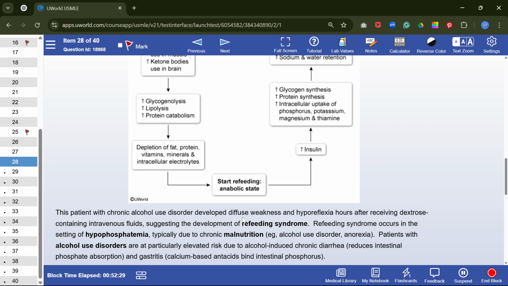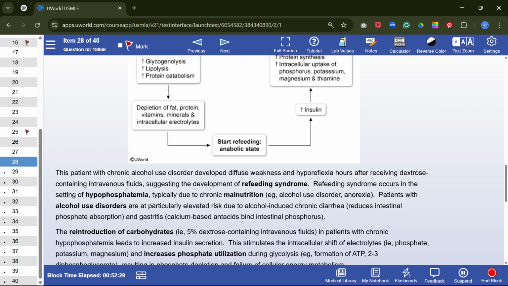Refeeding syndrome occurs in the setting of hypophosphatemia due to malnutrition, alcohol use, and anorexia. Patients with alcohol use disorder are at particularly elevated risk because of alcohol-induced chronic diarrhea, which reduces intestinal phosphate absorption, and gastritis.